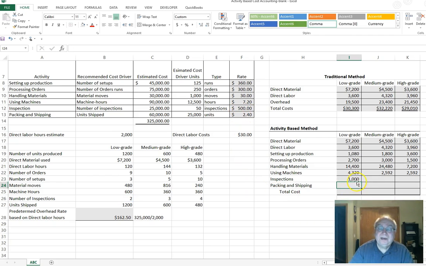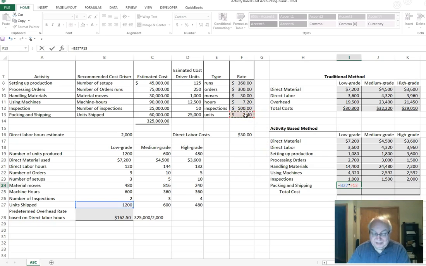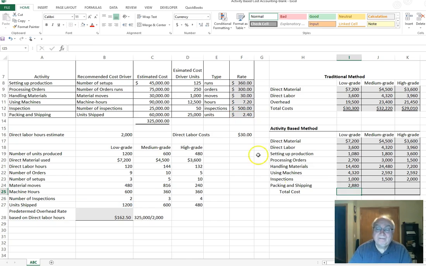So we take 2 times the 500, and then we also take the 3 times the 500, and last is the 4 times the 500. And packing and material, we have the 1,200 times the $2.40. Okay, and we add those, bring them across.